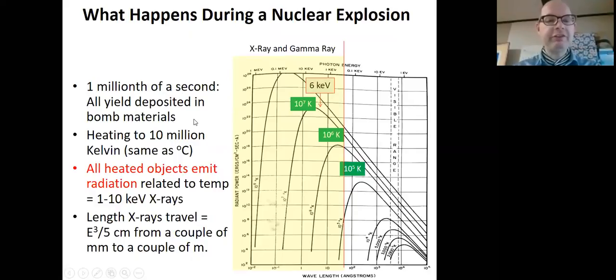Now, 1/1,000,000th of a second, all the yield that you have. Nuclear explosions are measured in terms of TNT yield. So it's measured in terms of what it would be equivalent to if you had a conventional explosion of just TNT explosive.